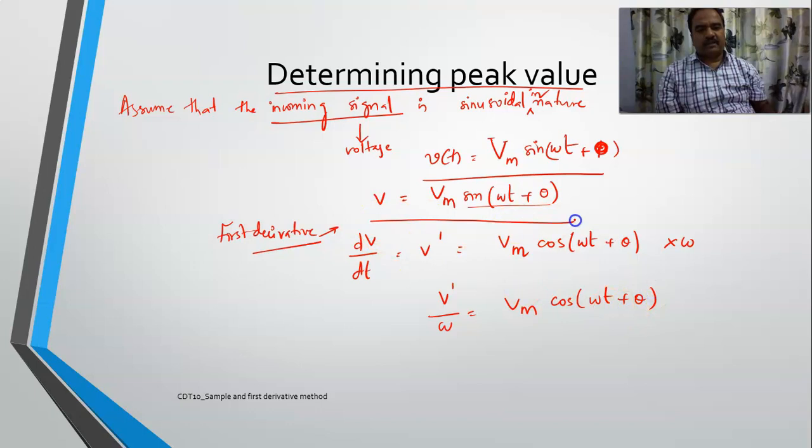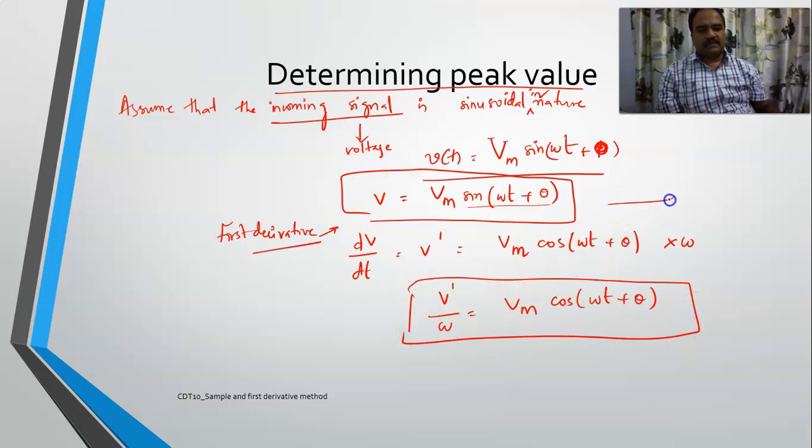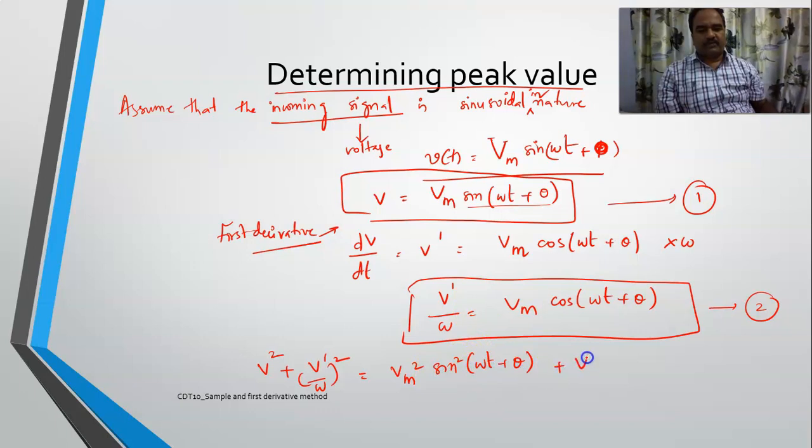So this is my first equation, V, whereas this is my second equation. So you square these equations and add them. What I'll get here is V square plus (V dash by omega) whole square equal to Vm square sin square(omega t plus theta) plus Vm square cos square(omega t plus theta).